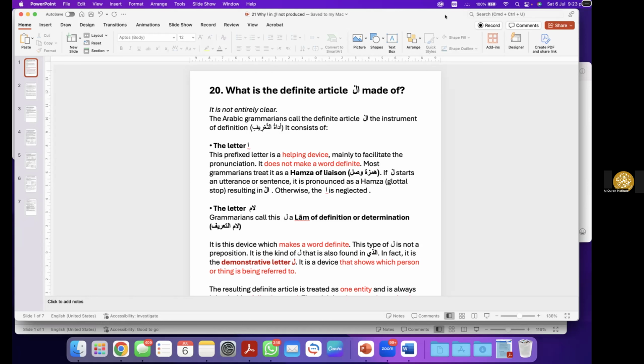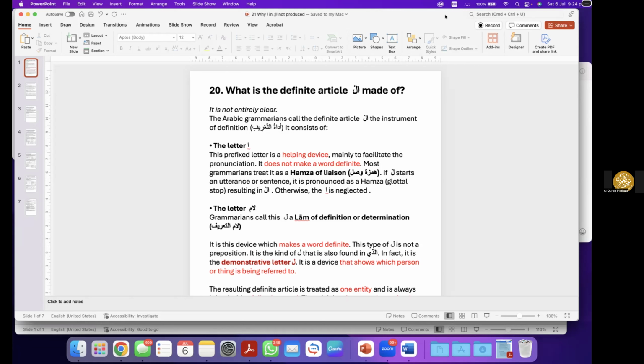The letter alif doesn't have anything to do with the definition tool. Al makes a definite article. It's a tool for definition. Alif doesn't have any role there. Alif is a helping device. This doesn't make the word definite.